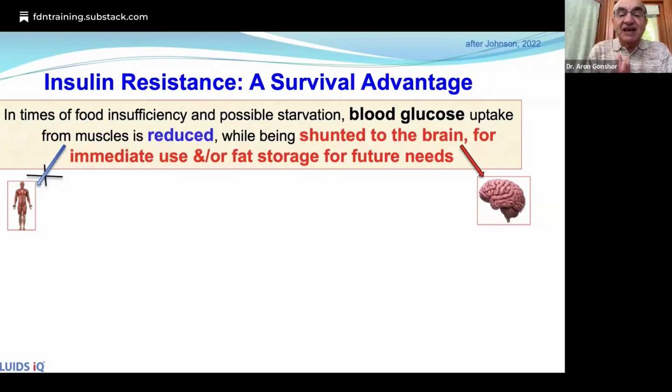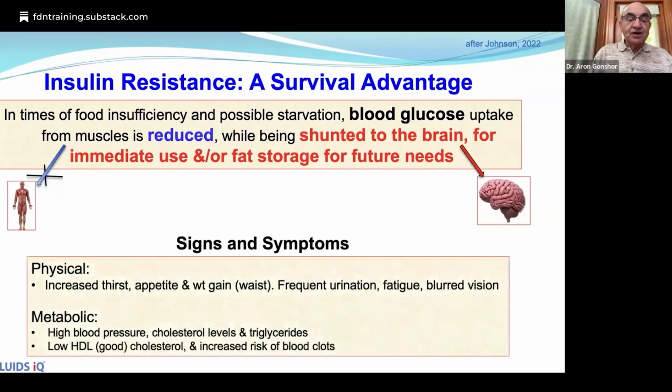But when you're in a state of possible starvation, it gets shunted. That glucose gets shunted to the brain, either for immediate use or to store whatever can be stored in the fat for future needs. And so the body knows when there is tremendous insufficiency, you've got to protect the brain. That is the most important thing.